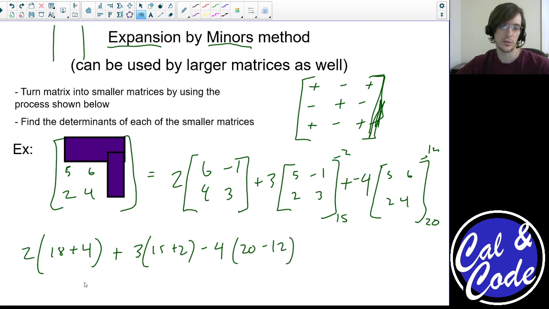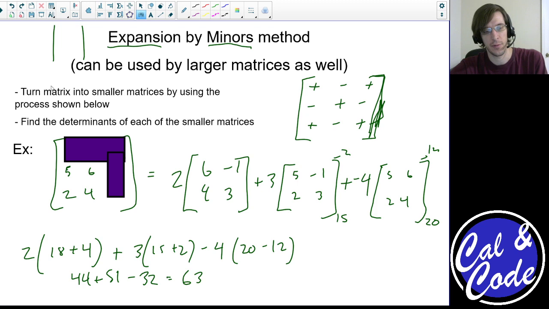That's 22 times 2, 44, plus 17 times 3, 51, minus 4 times 8, which is 32. So 63, I think, is the determinant of that 3x3 matrix that I started off with.